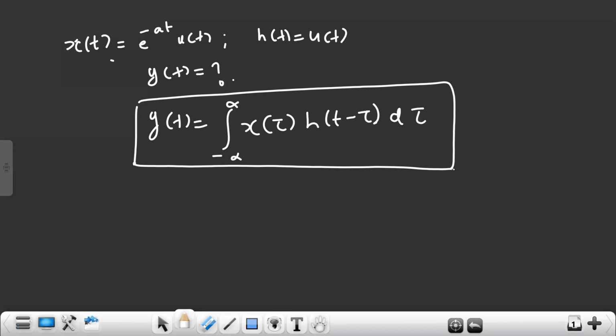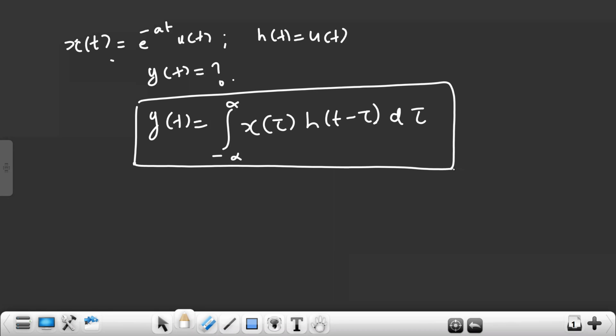But as of now, in the question, we are given x of t and h of t. We need to redefine those in terms of x of tau and h of t minus tau. So from x of t, we have to plot x of tau, and from h of t, we need to plot h of t minus tau.